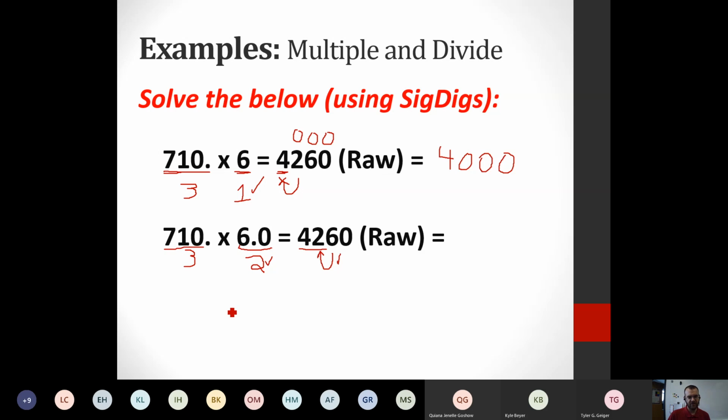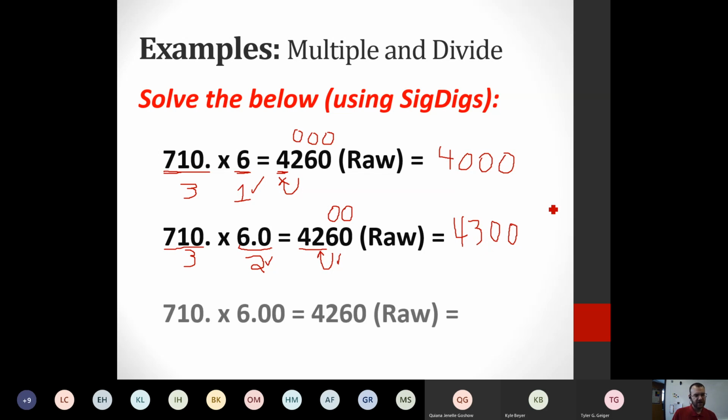Remember that whole thing, 5 or above, give it a shove. Well, 6 is above 5, so it gives it a shove. As such, this remains a placeholder, this remains a placeholder, and the 2 becomes a 3. So your answer would be 4,300. Notice your final answer has more actual numbers, and thus it is a better, more trustworthy answer.